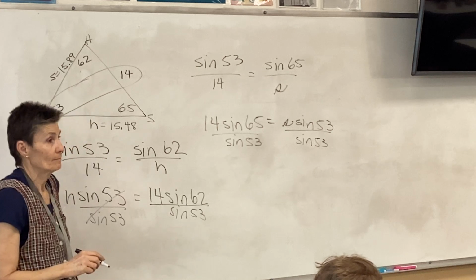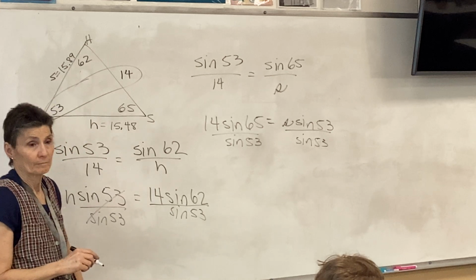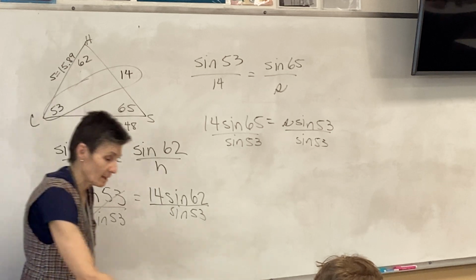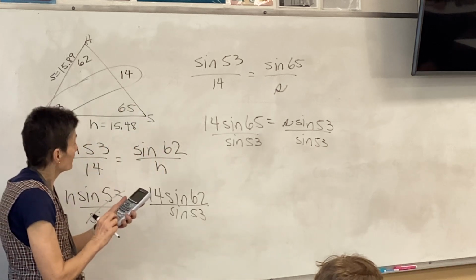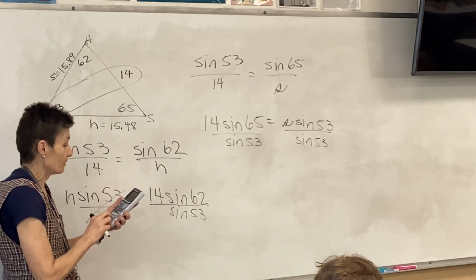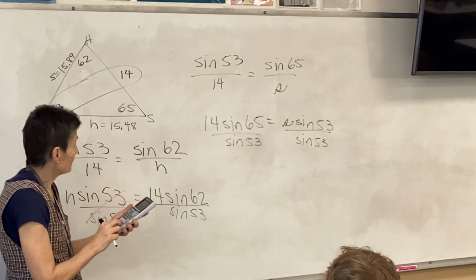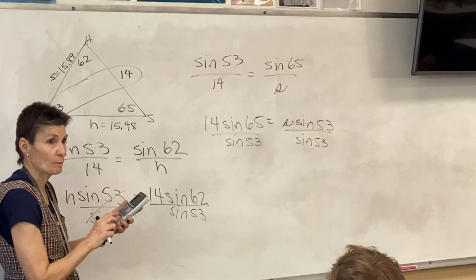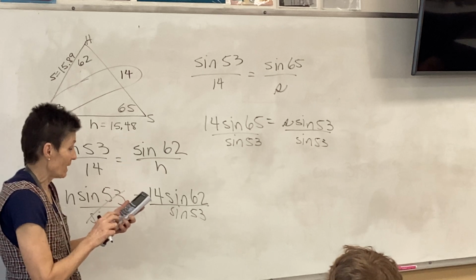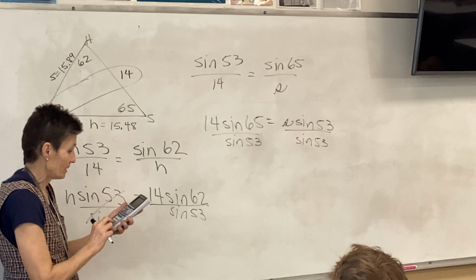All right? You didn't get that? Okay. I could have typed it in wrong. 14 sine 65 close parentheses divided by sine 53.